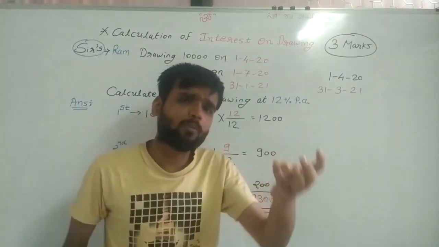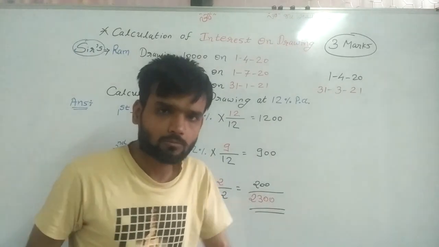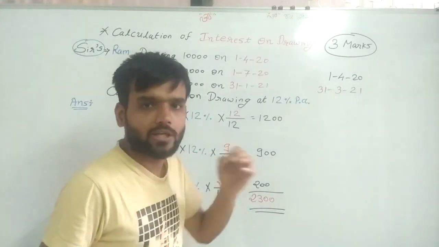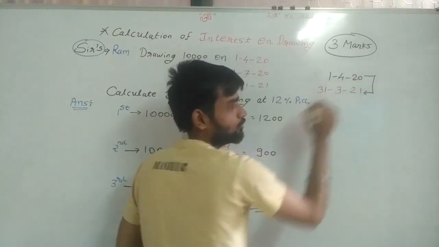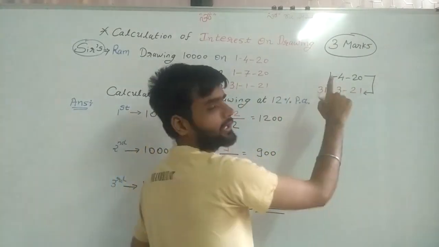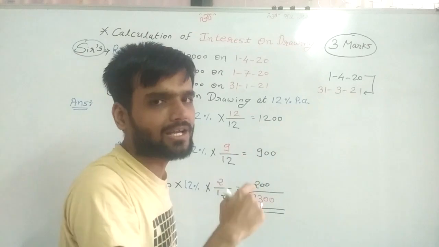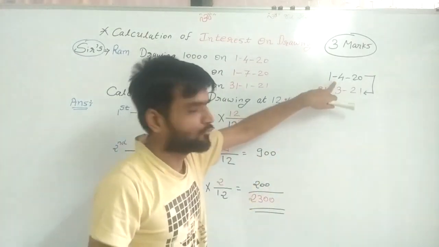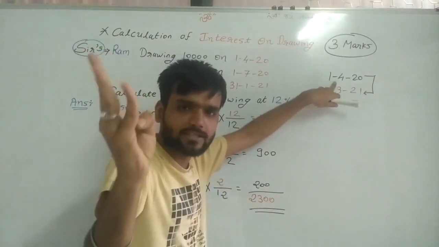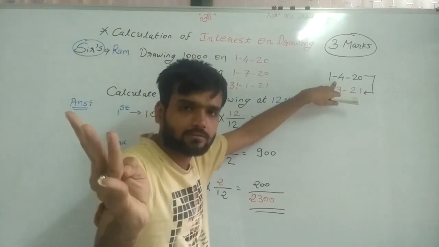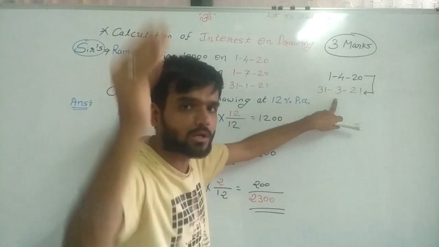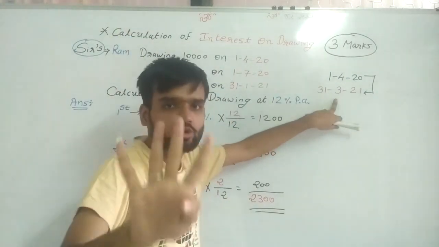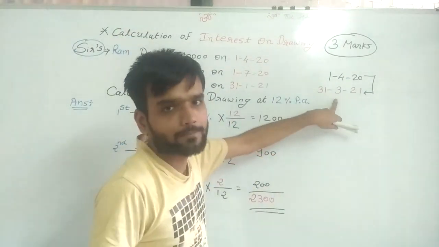Now calculate the number of months. For how many months do I need to calculate interest? From 1/4/20 to 31/3/21, how many months are there? Sir, a full year is there: 4, 5, 6, 7, 8, 9, 10, 11, 12, 1, 2 and 3 months complete. So total 12 months are there.